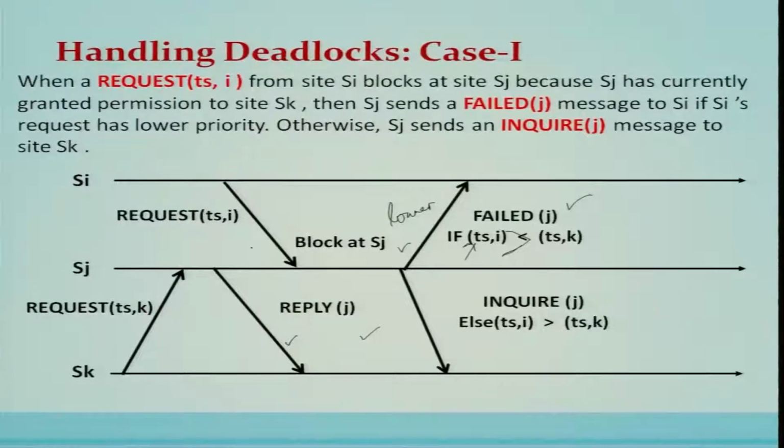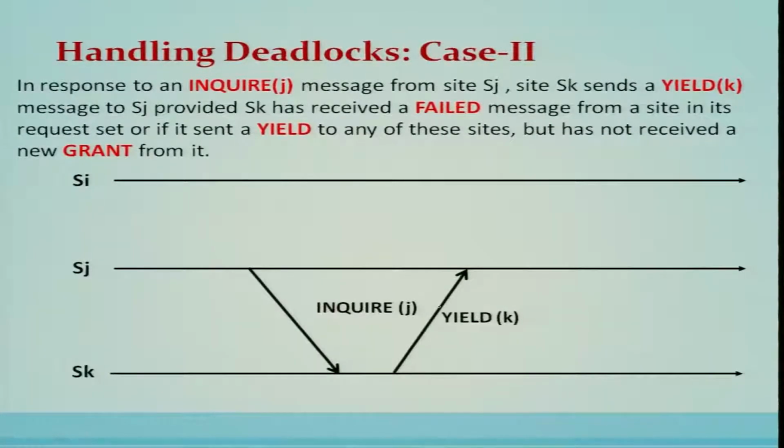Now, if the incoming request of i has higher priority compared to the priority of the k message, that means the timestamp of i is less than the timestamp of k, then in that case Sj will send an inquire message to Sk to review the previously sent reply message. In response to the inquire message, Sk sends a yield message to Sj.